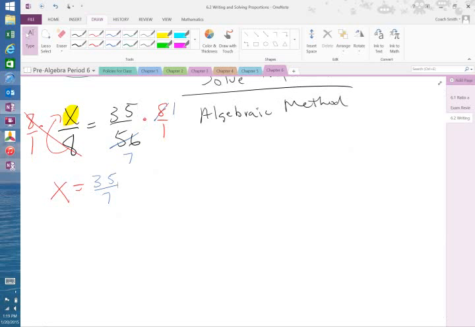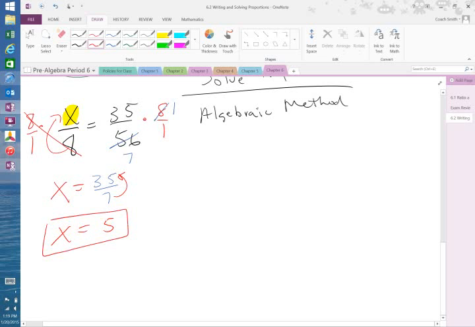It's not the case here because it will reduce into a whole number, which is 5, because 7 goes into 35 5 times. So always reduce it. I believe all the ones you're going to have today are going to be whole number answers. Eventually we'll have some that are fractional answers, and especially when you're dealing with proportions, you have to leave them in those fractional answers. So, 35 over 7.